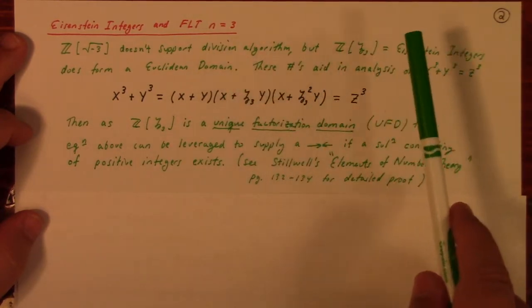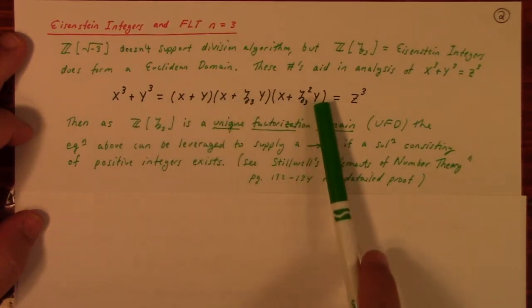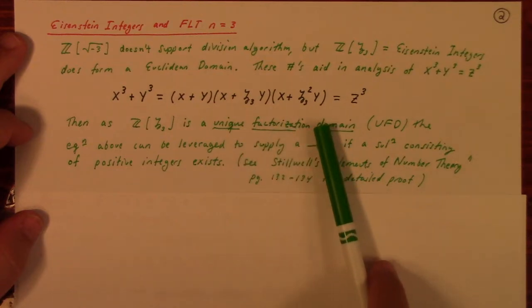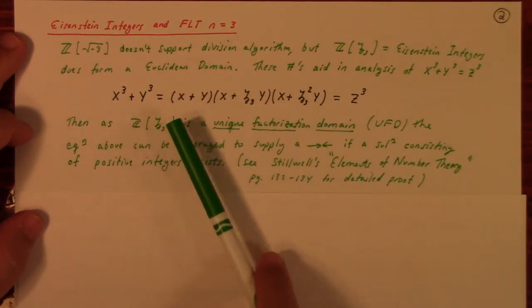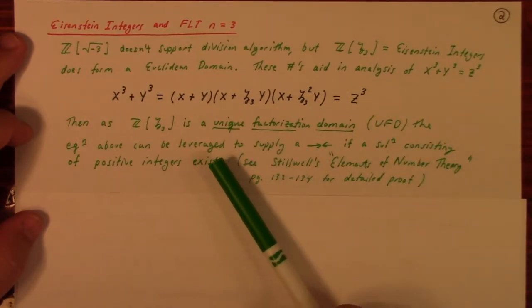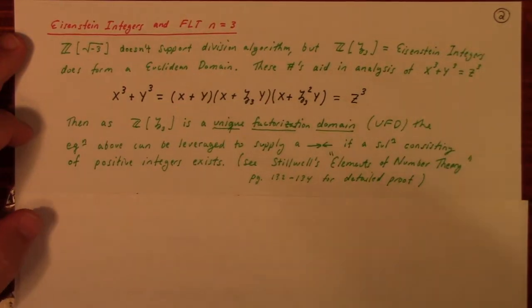It has a Euclidean domain, and you can factor x cubed plus y cubed like this. And since it is a unique factorization domain, you can leverage the equation above to supply a contradiction if a positive solution exists. And again, I think it has to tie in.